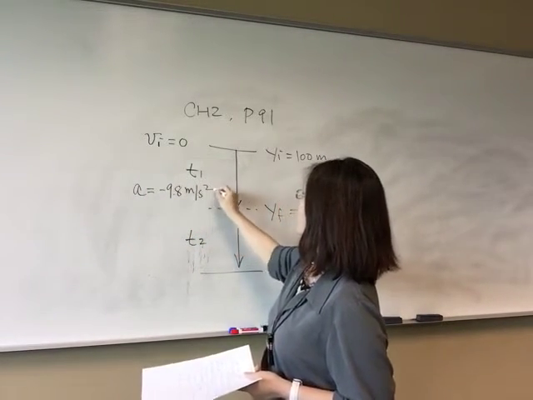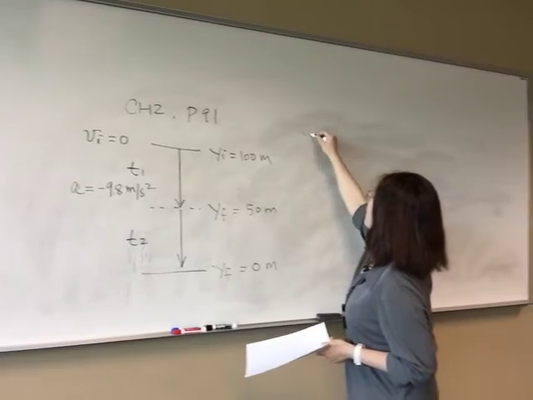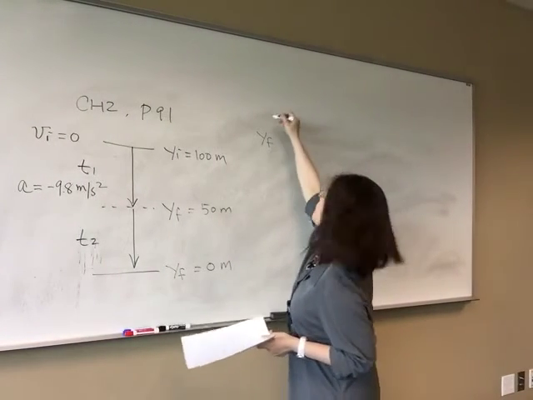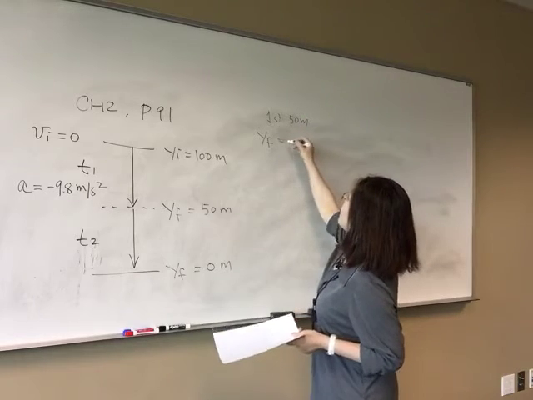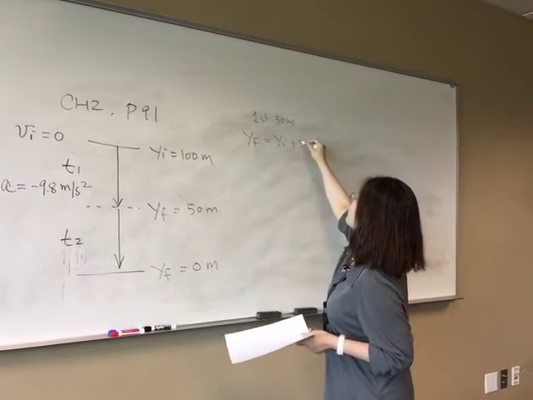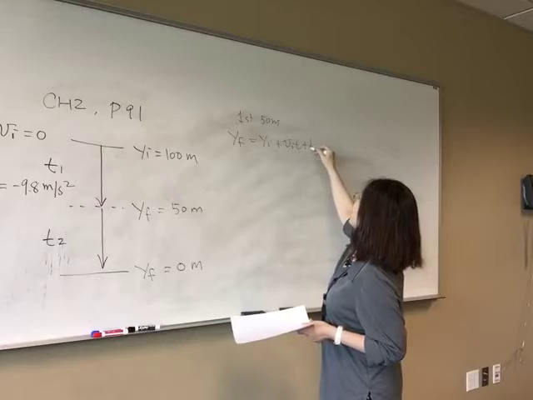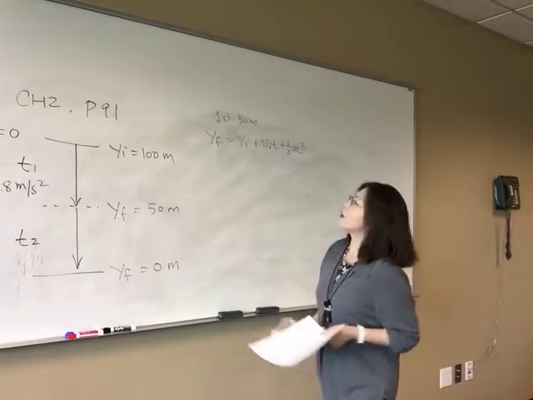Okay, so you have your final height during the first 50 meters. The final height is equal to the initial height plus the initial velocity times time plus 1/2 a t squared. So we're going to plug in the numbers.